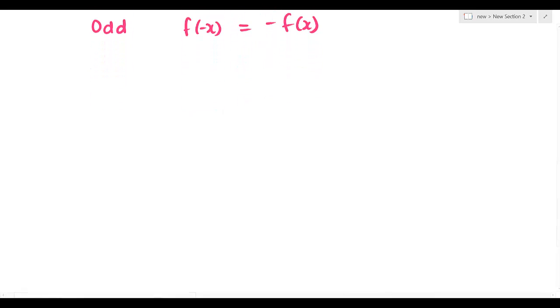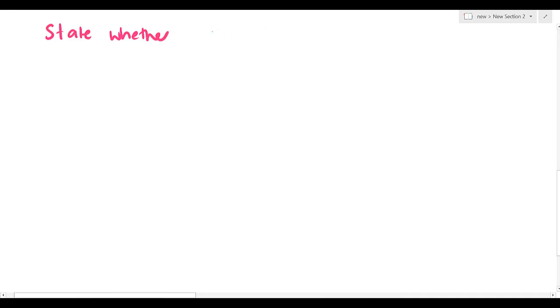So let's start with some examples. The examples that I'm going to use in this video are not the same ones we've used in class, but they still follow the same steps I've shown you in class. So let's do some questions. A very common question is they'll tell you to state whether the following functions are odd, even, or neither.